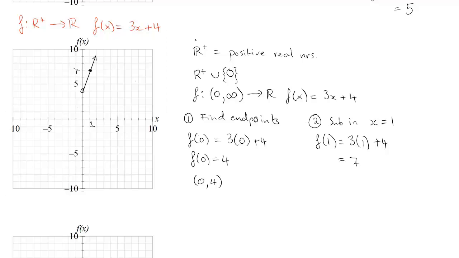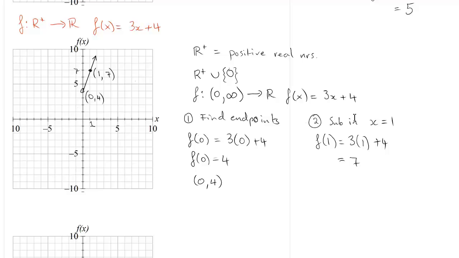I'm just going to provide the coordinates for this point. So this point here is 0 and 4. And that coordinate there is 1 and 7. And so now, since we have 2 points defined on our line, that's all we really need, 2 points. You don't need to find any more than that.